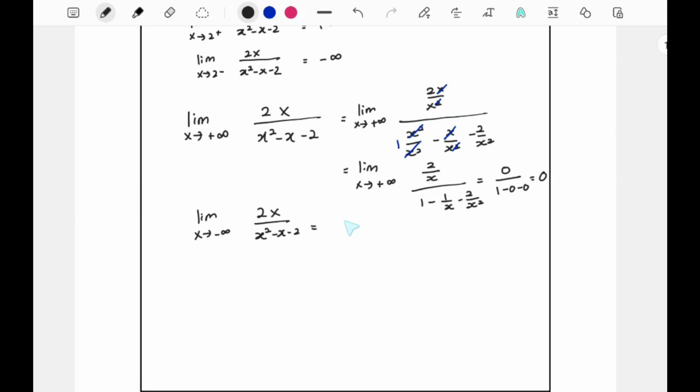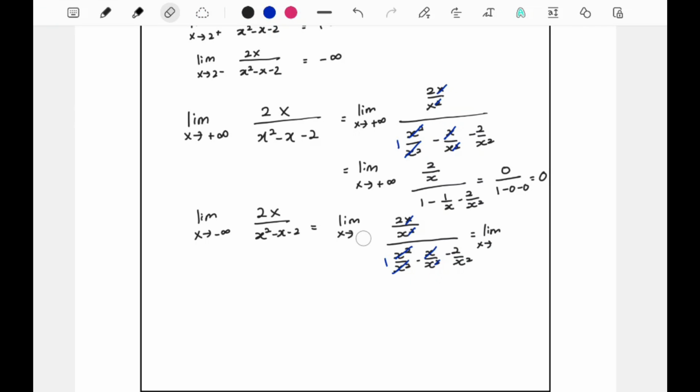As you get infinity over infinity, you also need to divide by the highest power of the denominator. Simplify. Write down the simplest form.